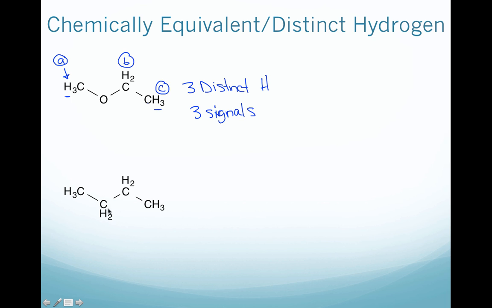Okay, now this next example is just a little bit more complex in that we have to take account of the fact that there is free rotation around single bonds and there is symmetry here. Remember, we have free rotation around this single bond, so we can draw a conformation, and we'll keep the left-hand side the same.